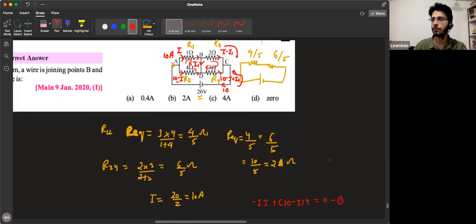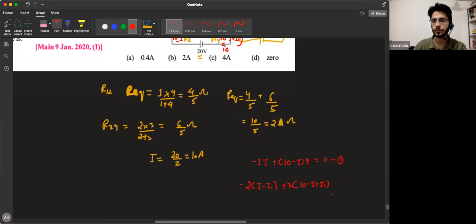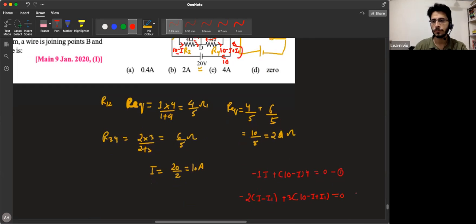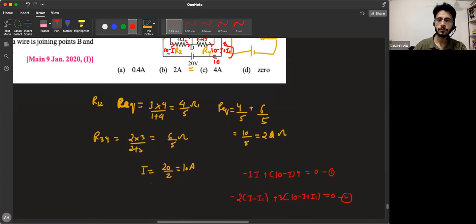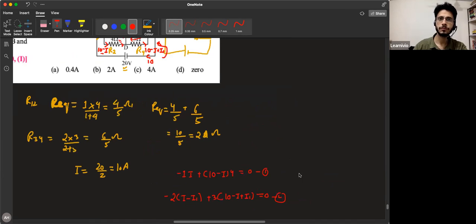So from the first equation, it's minus I plus 40 minus 4I equal to 0. So you will get I equal to 8 amp.